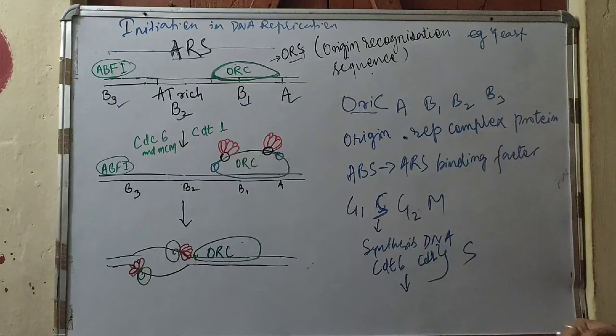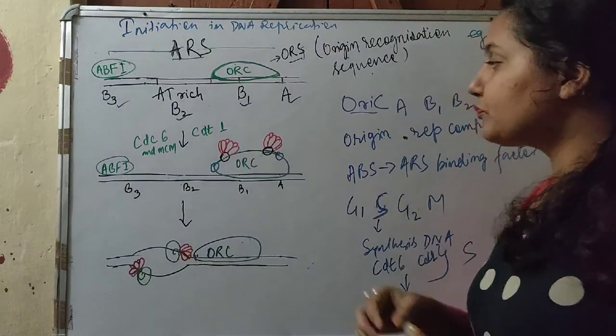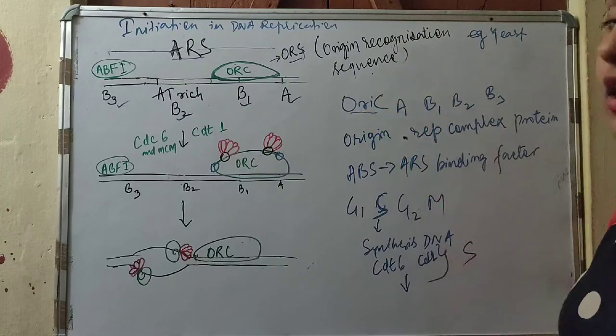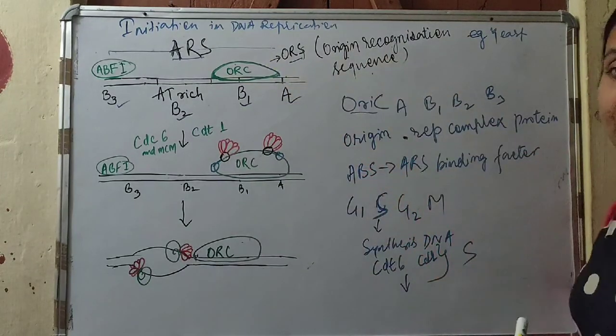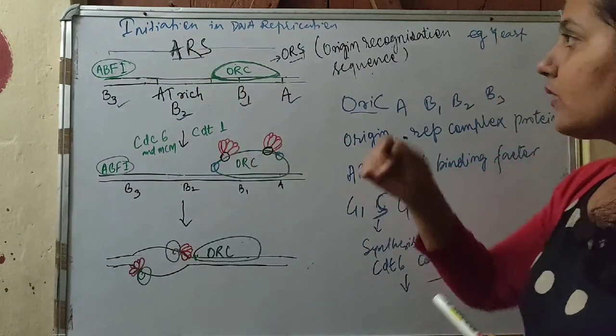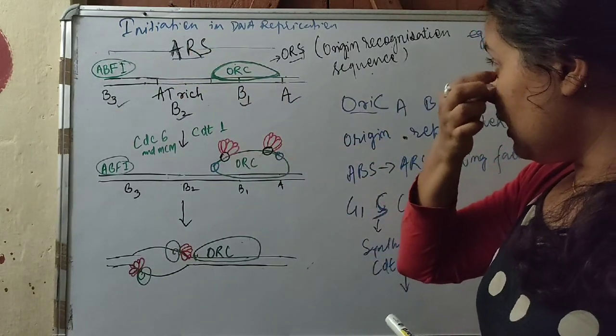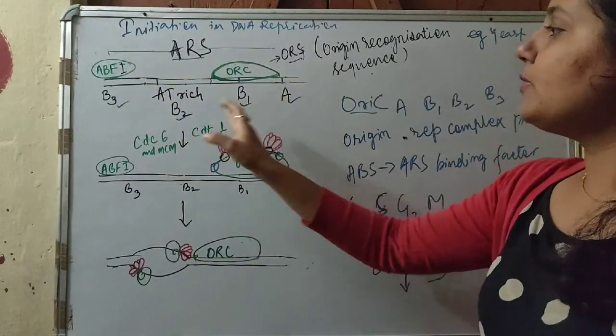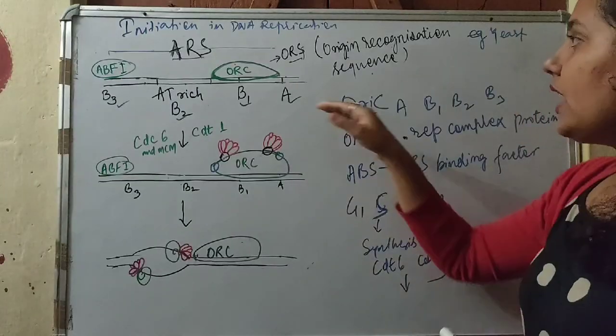So let us recap what we studied today. In the yeast cell, in place of ORC, in the E. coli we have ARS, that is the autonomously replicating sequence. And then we have the 4 domains A1, B1, B2 and B3.